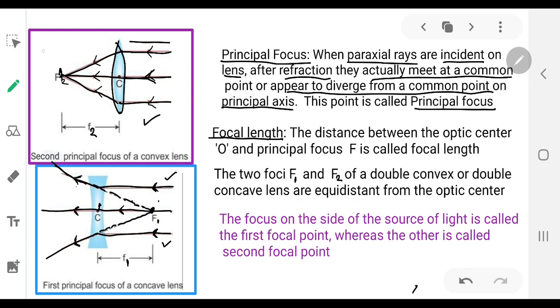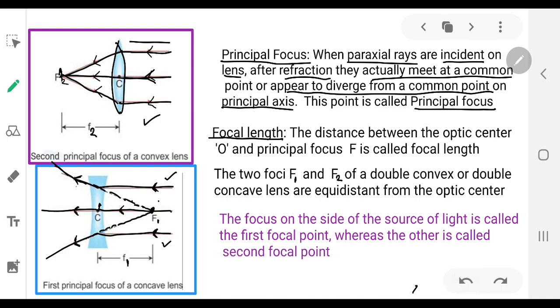If the ray is incident from the other side, they also meet at a common point on the other side. This is also called the principal focus. So the lens has two foci, F1 and F2.